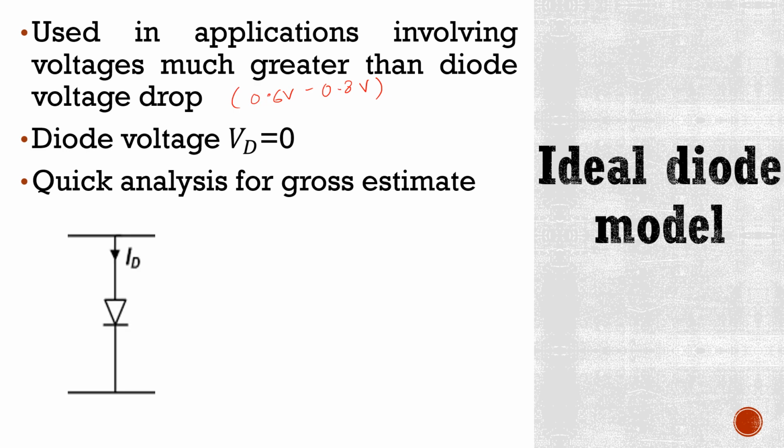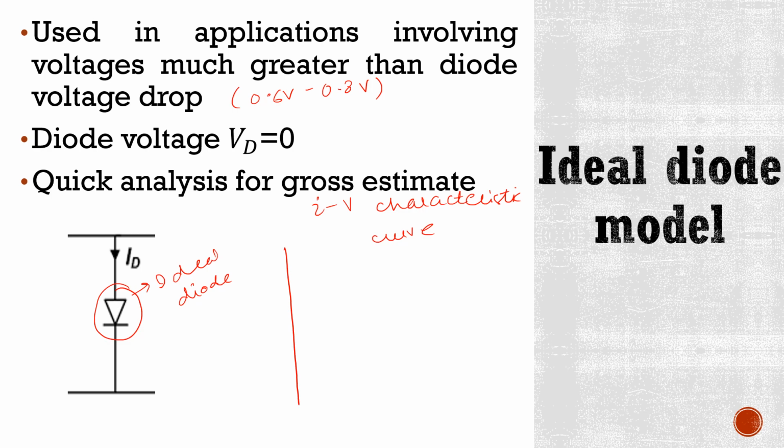This model provides very quick analysis for a gross estimate. Now look at this, this is an ideal diode. What is the IV characteristic curve of this ideal diode model? We have already studied this relationship in our previous lectures. Here the x-axis is VD and the y-axis is ID.